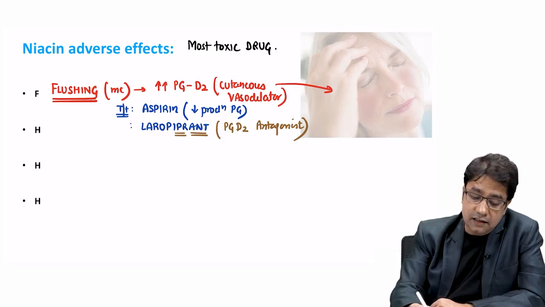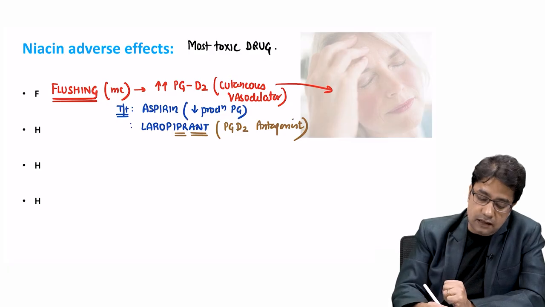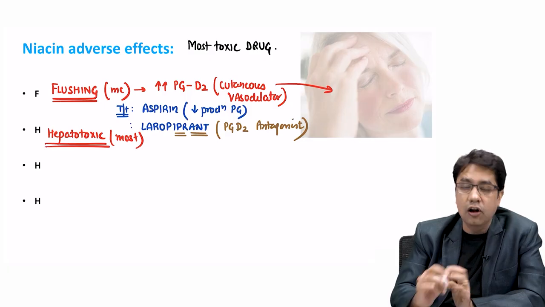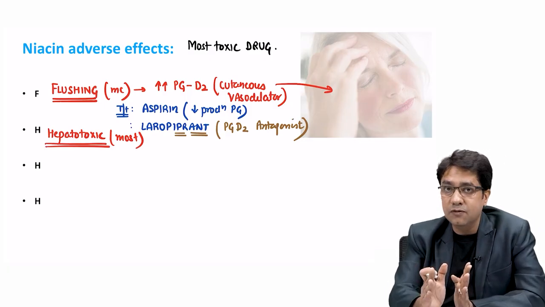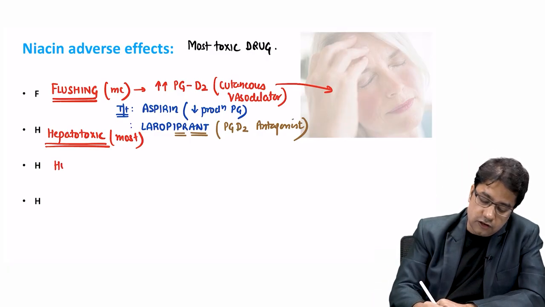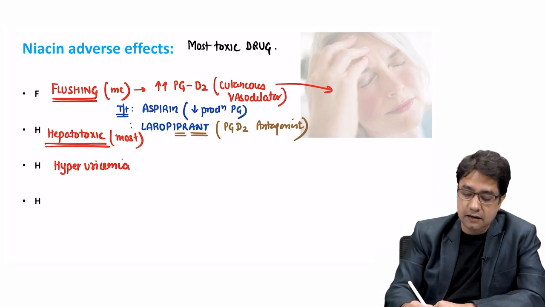Now let's see the other side effects of niacin. Niacin is a hepatotoxic drug, and this is the most hepatotoxic drug among all hypolipidemic drugs. That is why we rarely use niacin. Niacin also causes an increase in blood uric acid level. It causes hyperuricemia.